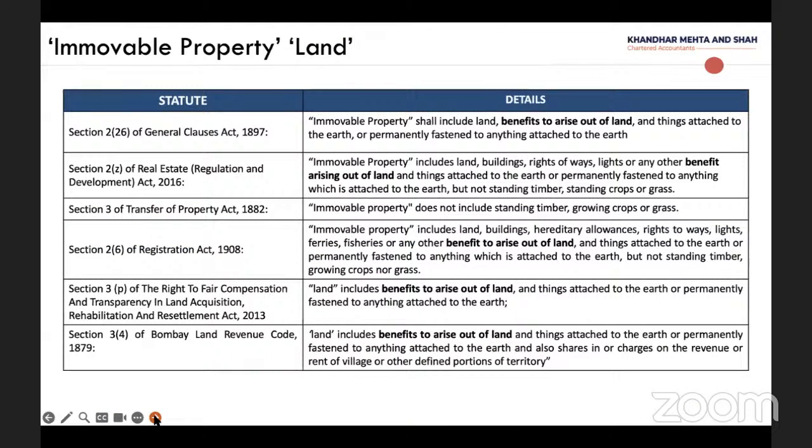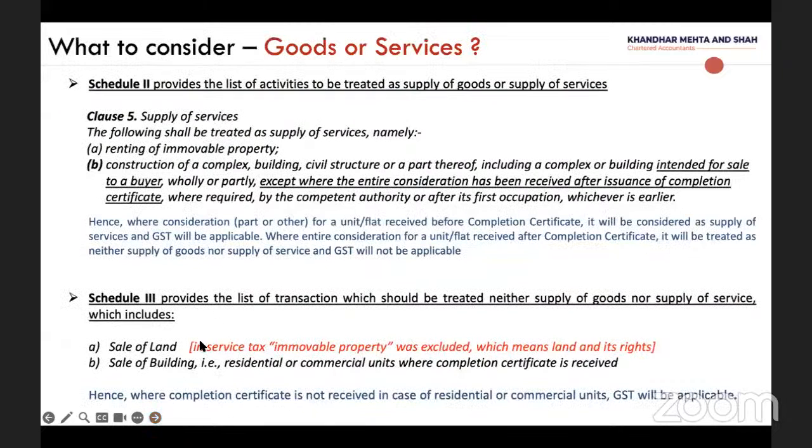Now, I just want to briefly touch upon the various definitions covered under other statutes like the General Clauses Act, the RERA Act, the Transfer of Property Act, the Registration Act, the Land Acquisition Act, and the Bombay Land Revenue Code. Again, this touches upon the transaction of transfer of development rights, and whether that is considered taxable or not. Because, as we saw, under service tax the definition of service excluded immovable property.